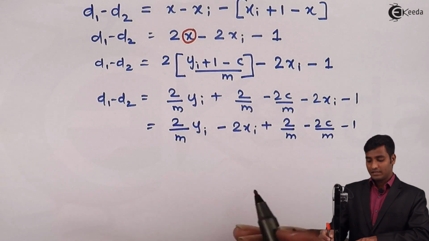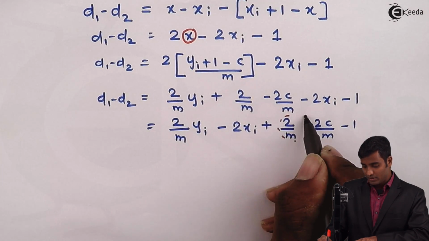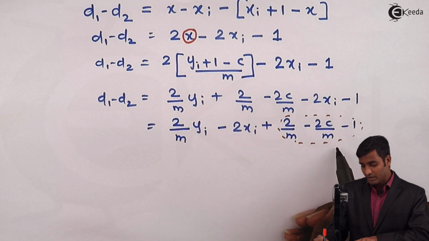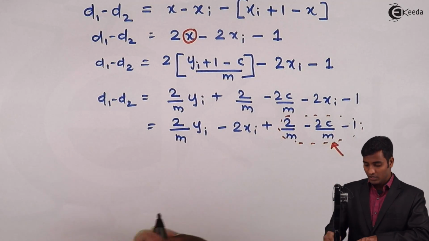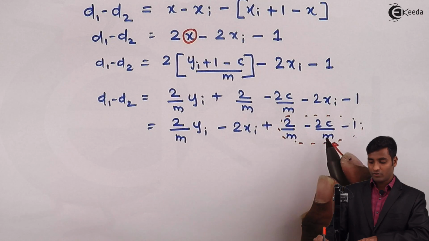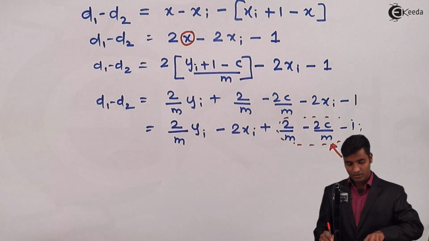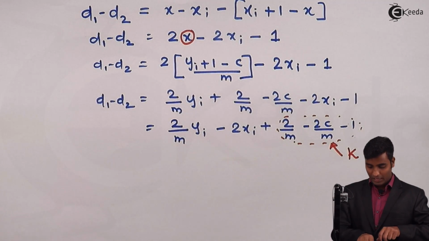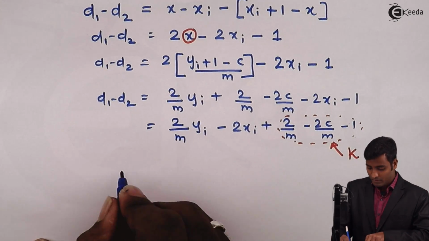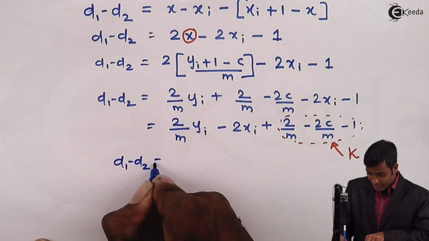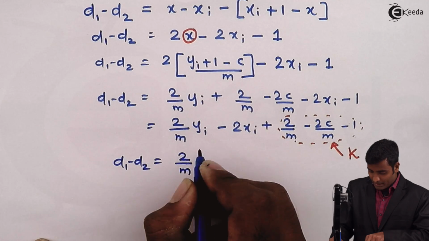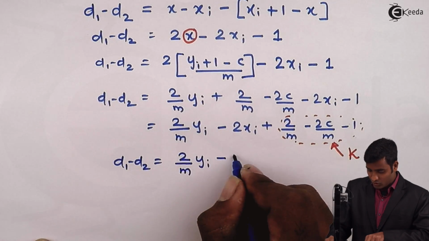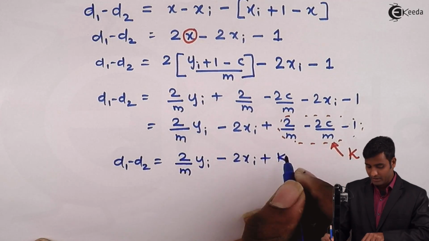I am rearranging so that I can put this whole term as a single variable. The variable I am using for this term is k. So now the equation becomes D1 minus D2 equal to 2 upon m yi minus 2xi plus k.